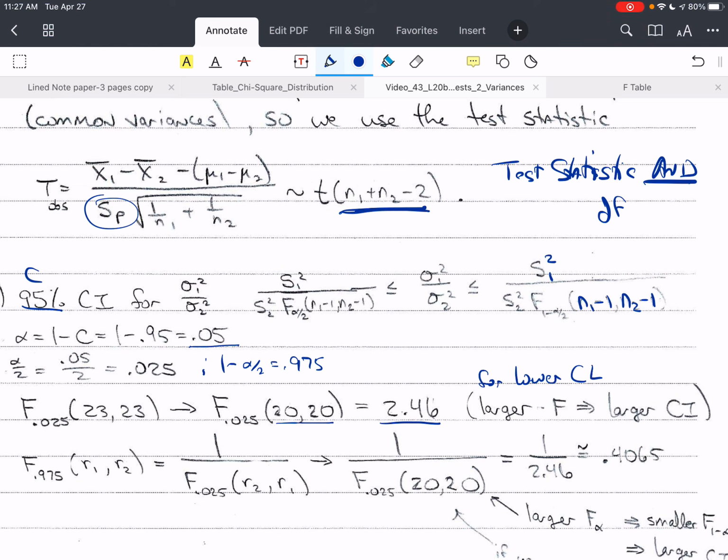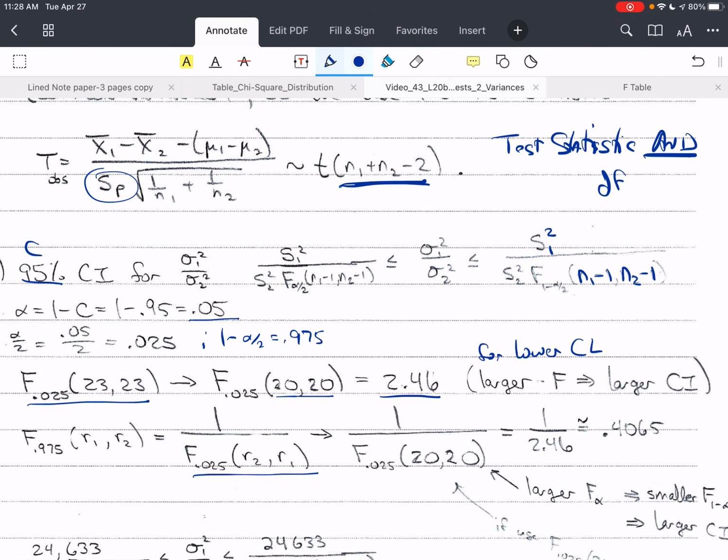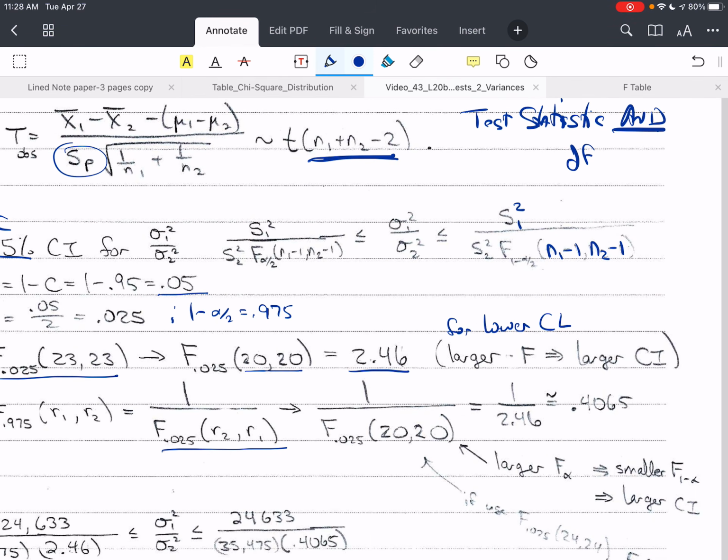And then for 0.975, for the upper confidence limit, we need 1 over what we had here, and because the degrees of freedom are the same, a larger F here is a smaller 1 over F, which is a larger CI.